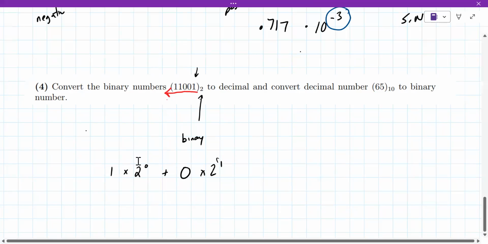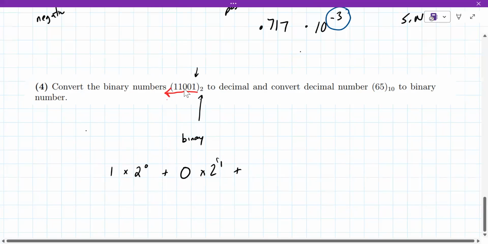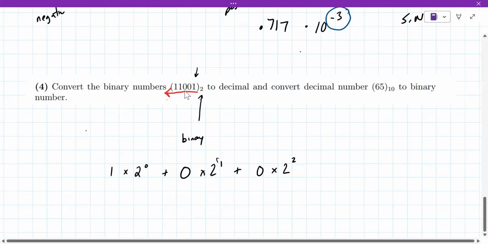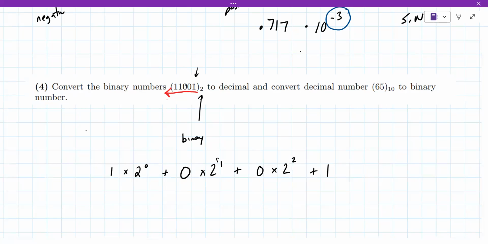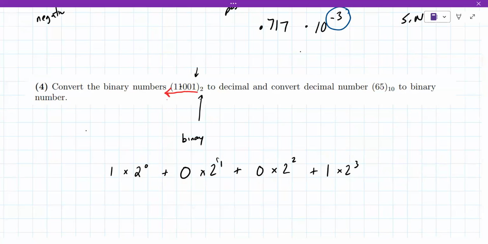You're going to notice that 2 to the 0, 2 to the 1 is going to start increasing, plus the next 0 times 2 to the 2. Then we have a 1 right there times 2 to the 3rd, plus 1 times 2 to the 4th. Makes sense.